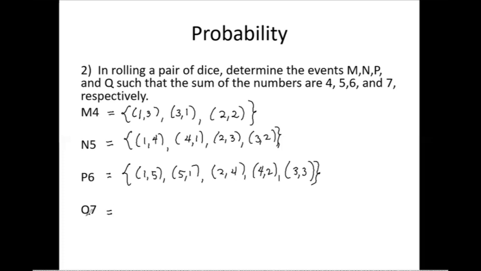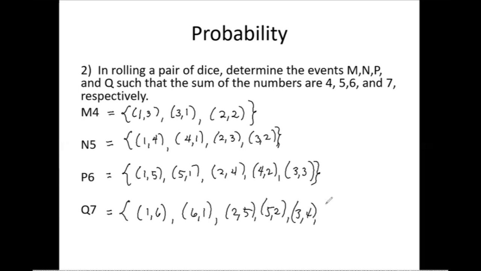And for event Q, dapat ang sum niya ay magiging 7. So, pwede ang 1, 6, and 6, 1. Pwede rin ang 2, 5, and 5, 2. Pwede rin ang 3, 4, at 4, 3. Ano pa?